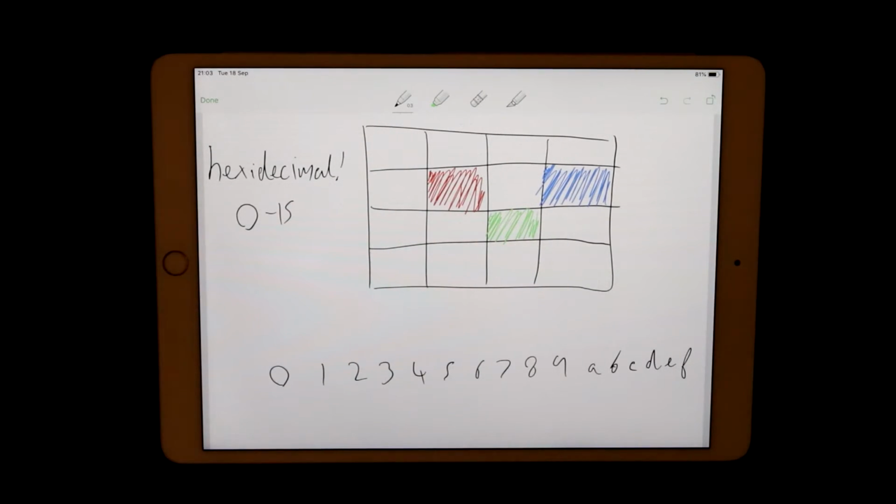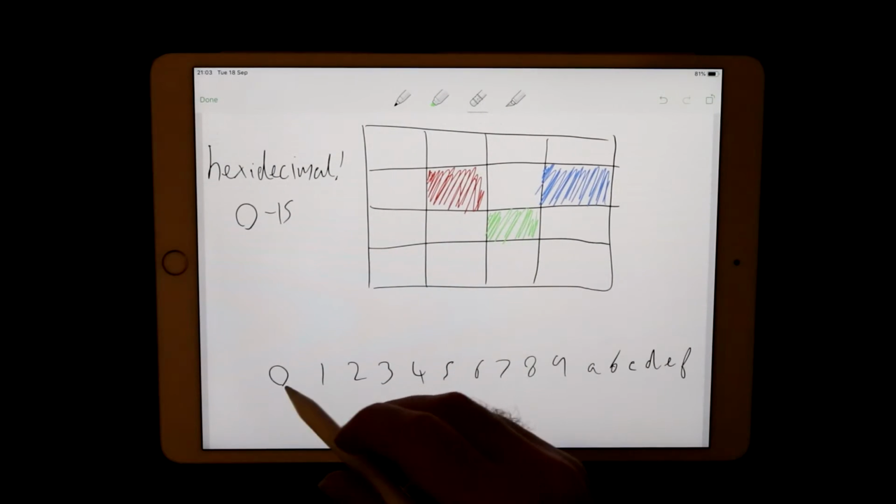And it works in exactly the same way that base 10 and base 2 do, in that each position contributes the value in that position multiplied by the base to the power of the position.